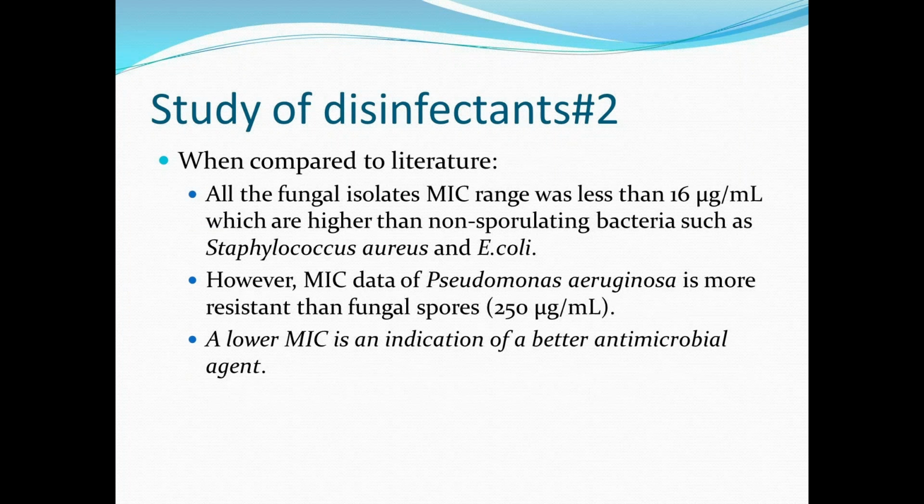In terms of the results obtained, it showed that for all the fungal isolates, the minimum inhibitory concentration range was less than 16 micrograms per milliliter, which is higher than that required for non-sporulating bacteria like Staphylococcus aureus or E. coli. That was interesting, because it showed that fungi are harder to kill than a common gram-positive coccus or a representative gram-negative.